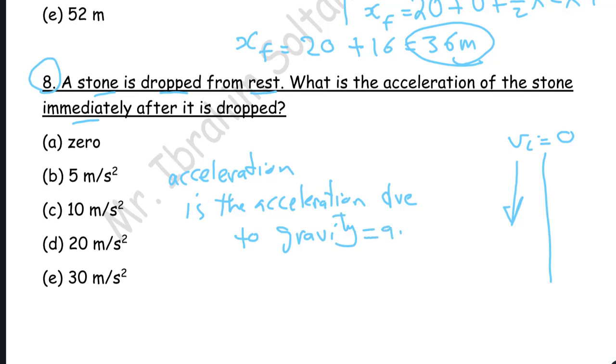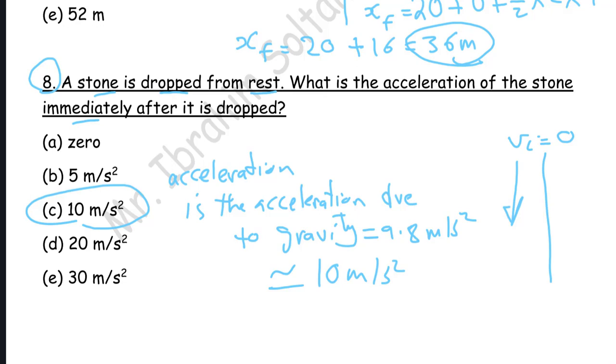It equals 9.8 meters per second squared because the stone is falling under the effect of the pull of gravity. So it is approximately 10 meters per second squared.